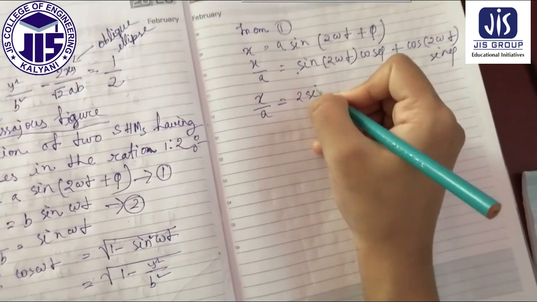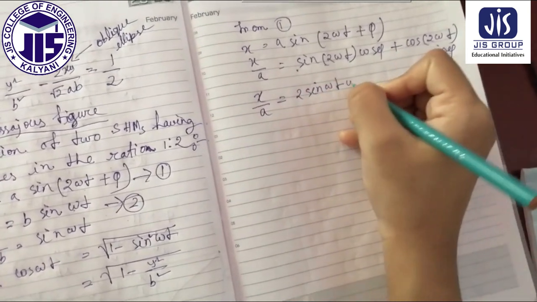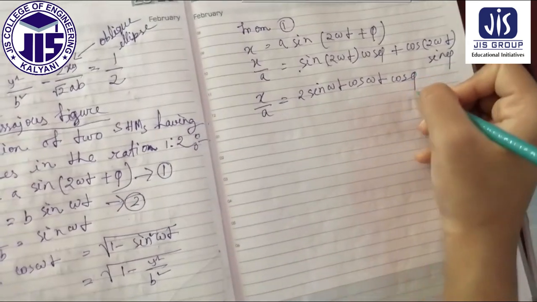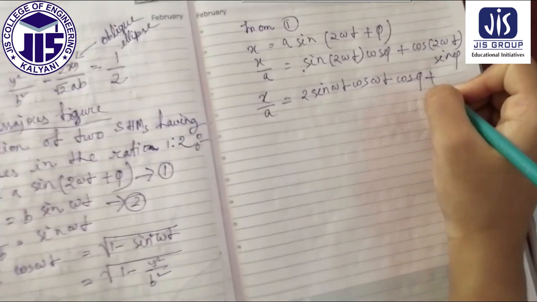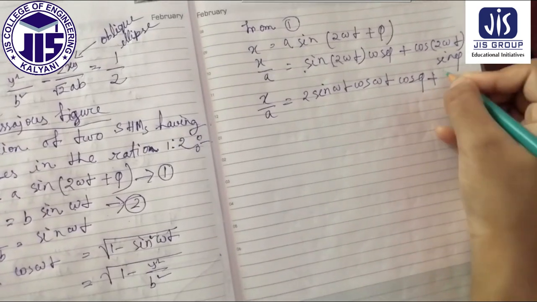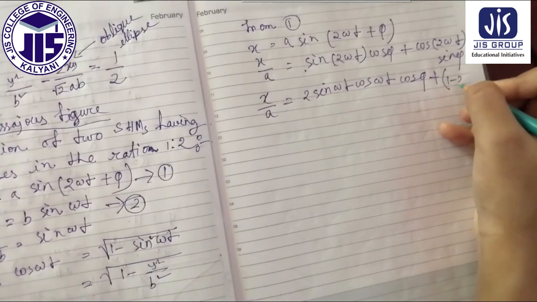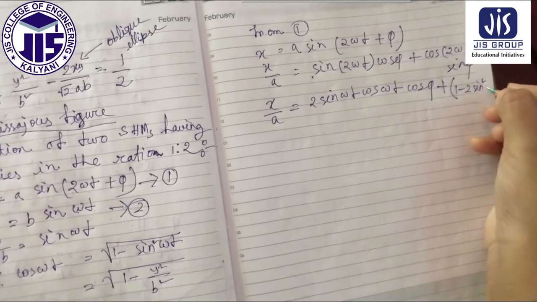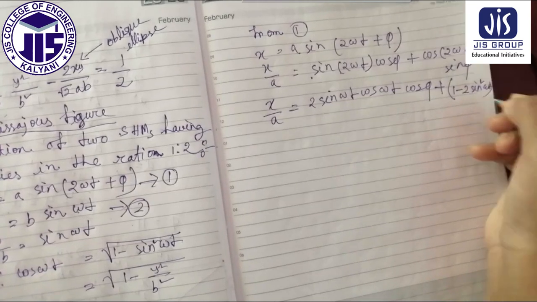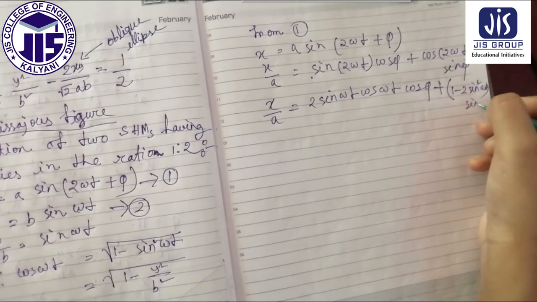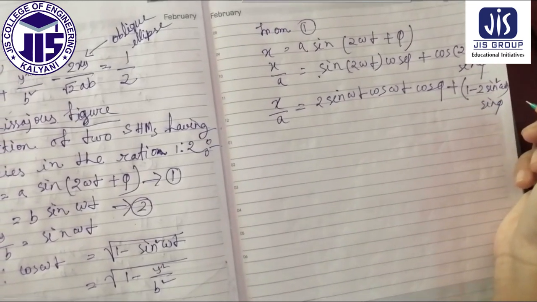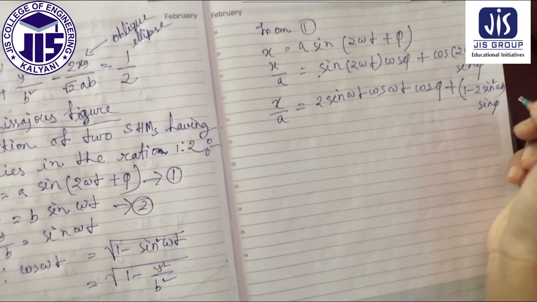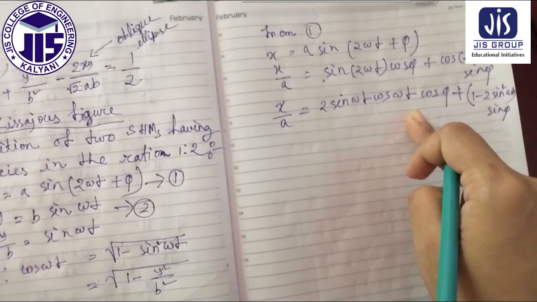Therefore sin omega t cos omega t cos phi plus cos 2 omega t, which equals 1 minus 2 sin square omega t, into sin phi. After expansion we are getting this.